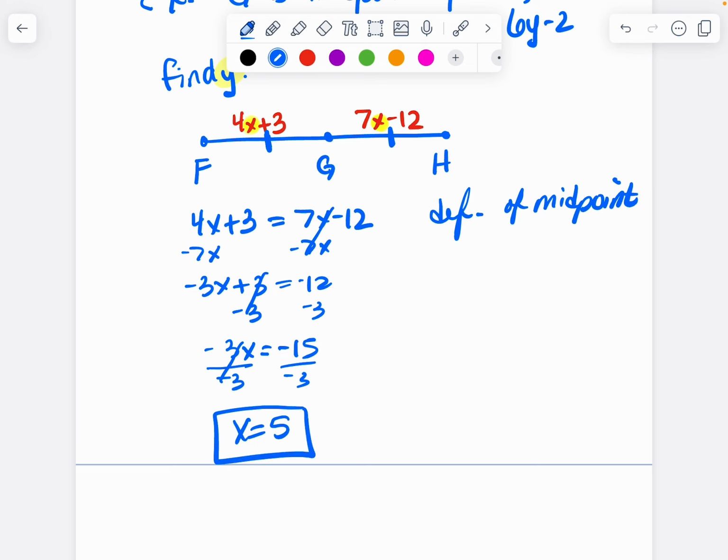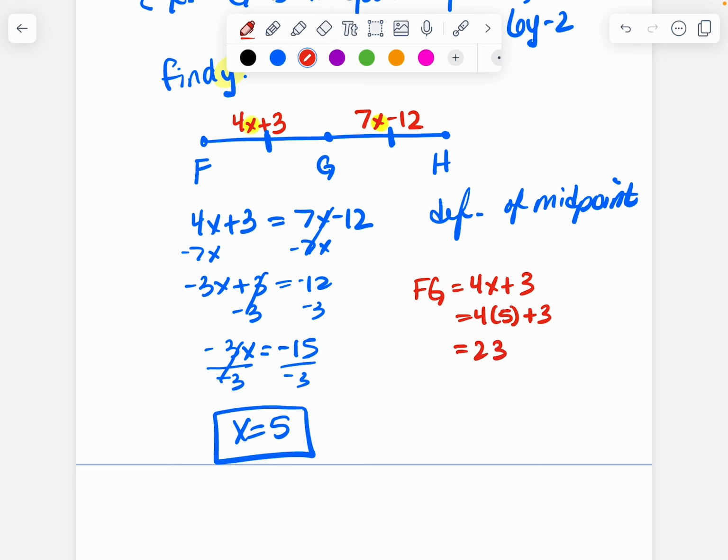Okay, so now I know x is 5. What does that tell me? It doesn't tell me anything about y yet, but what it does tell me is that FG is 4x plus 3. That's 4 times 5 plus 3. That's 23.